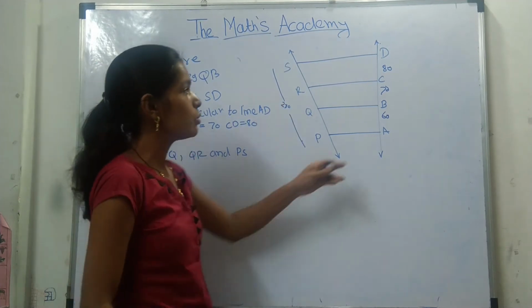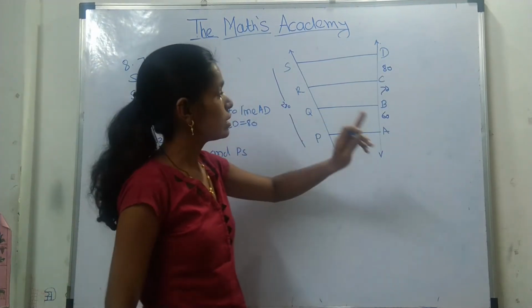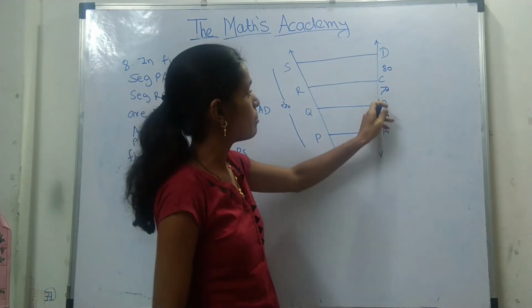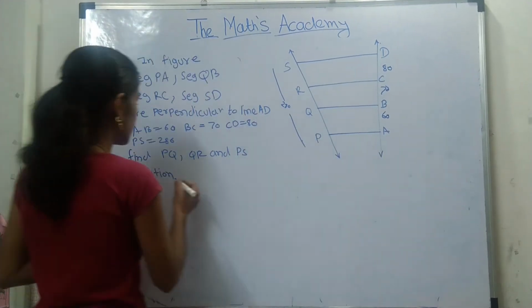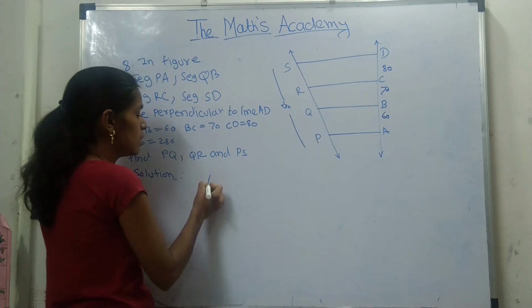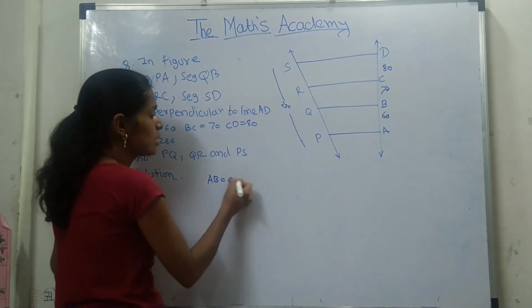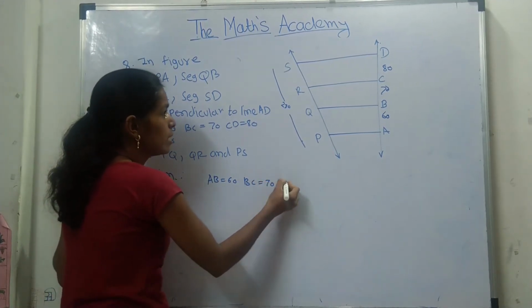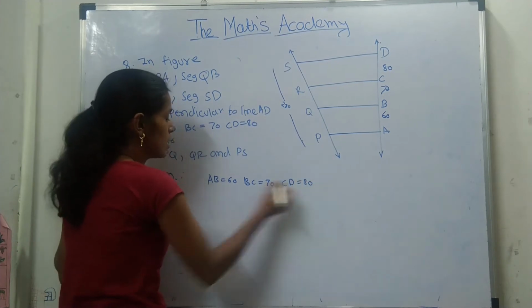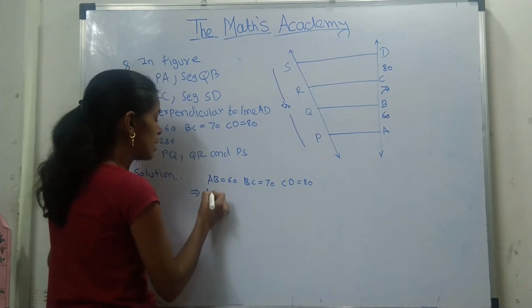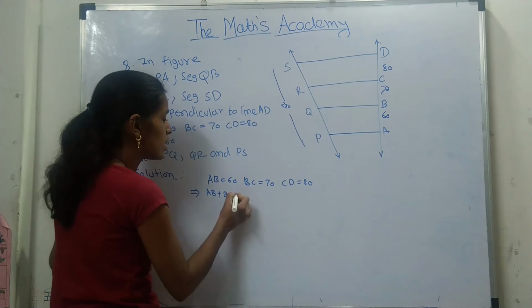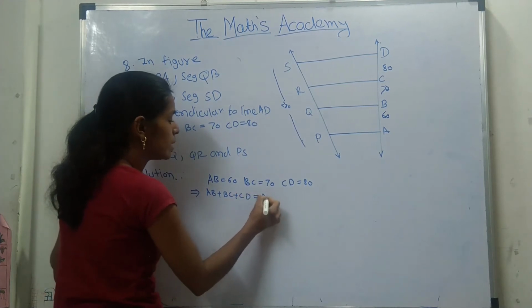So here what will we do? We will find AD by adding AB, BC and CD. Let's write the solution. Here AB is equal to 60, BC is equal to 70, CD is equal to 80. This implies that AB plus BC plus CD is equal to AD.